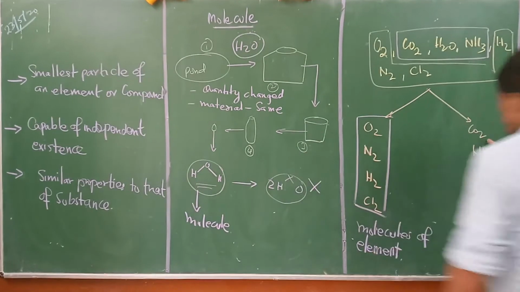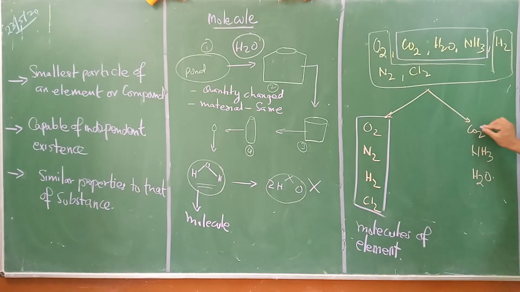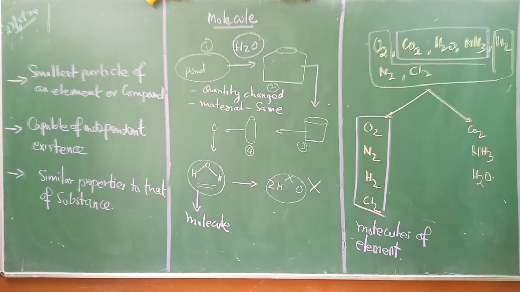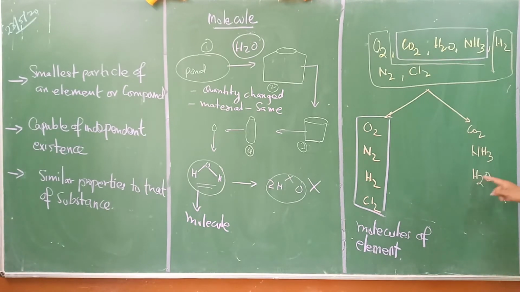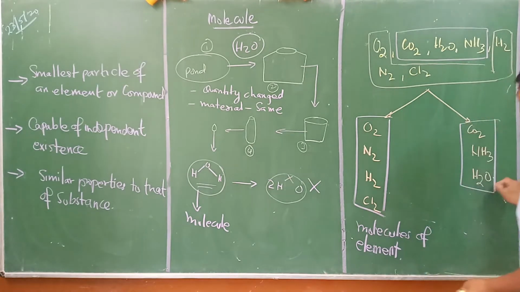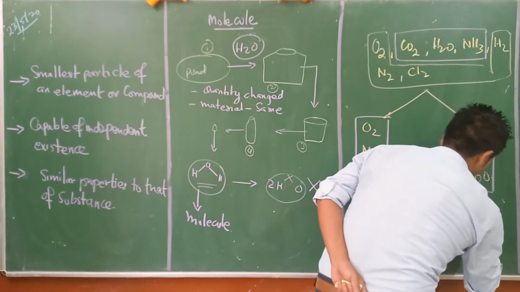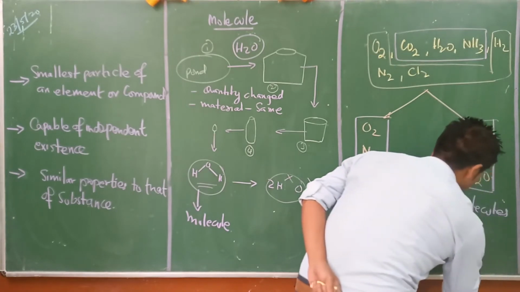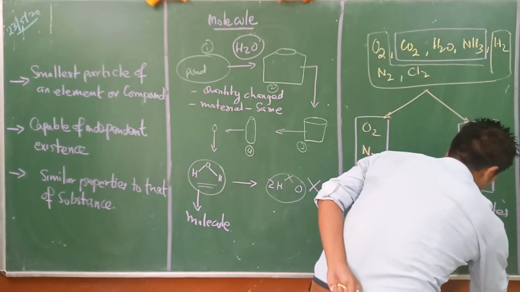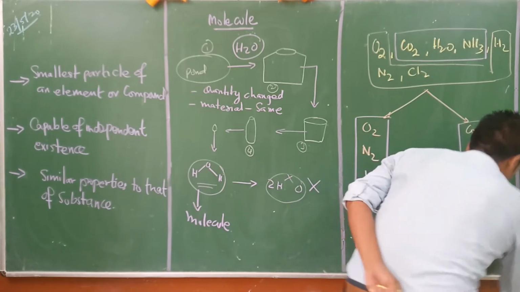Now talking about this one over here, carbon and oxygen are totally different atoms, whereas nitrogen and hydrogen are absolutely different, and hydrogen and oxygen are totally different. These kinds of molecules are what we used to refer to as molecules of a compound.